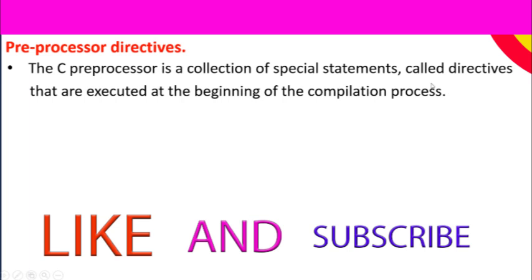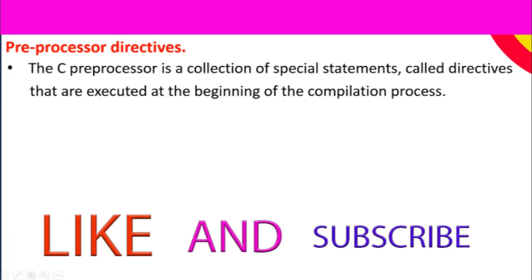Then, they are called directives, say, preprocessor is a collection of special statements called directives, meaning that they are called preprocessor directives because they direct, they are instructing. But these kinds of instructions are loaded before.